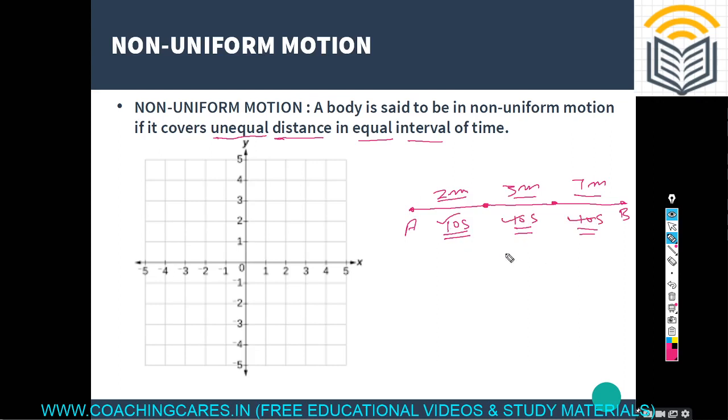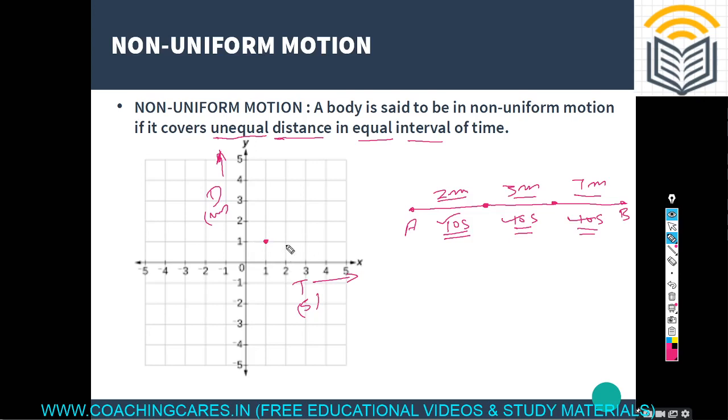You can take one more example. Say I take this axis as time and the y-axis as distance, in meters and seconds. At the first position, after 1 second the body moves 1 meter, which is here.